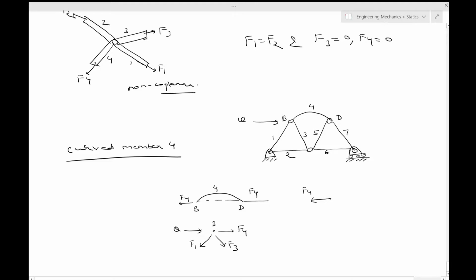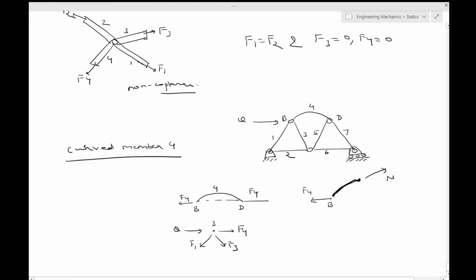F4, and then let me just sort of draw this. At this point we will have a normal, so this is the curved beam. Okay, part of the curved beam.